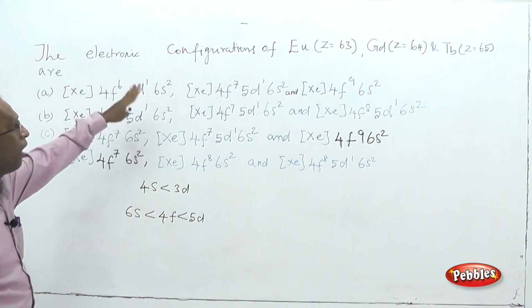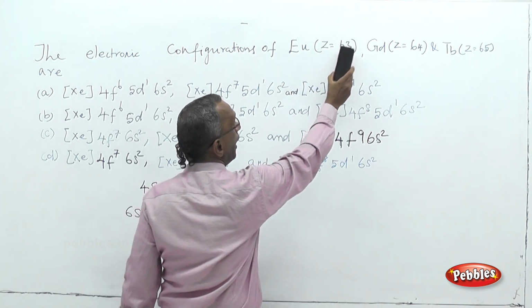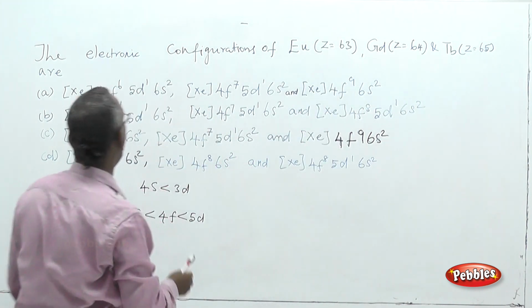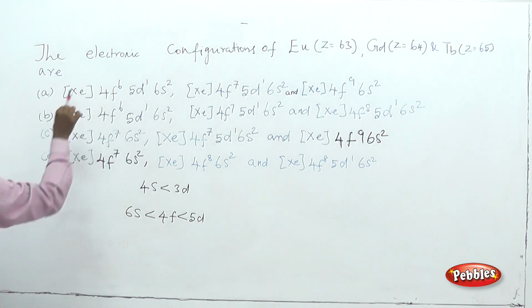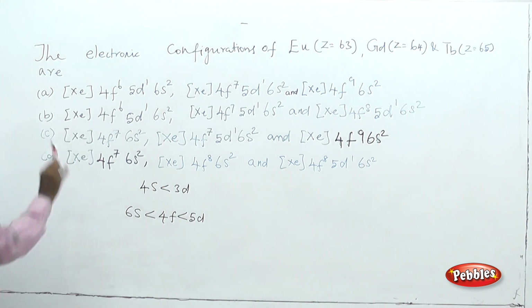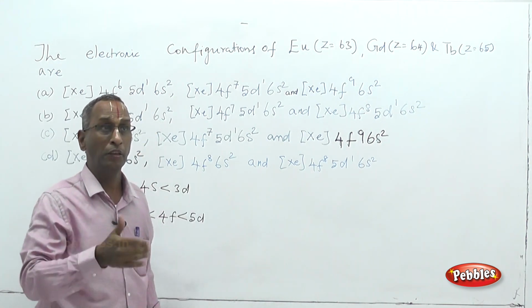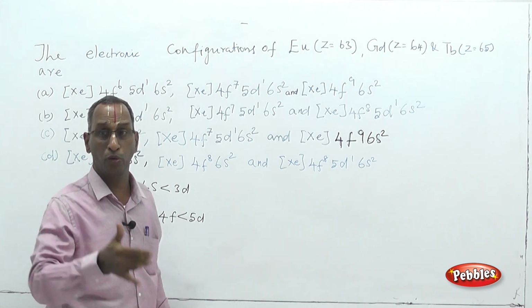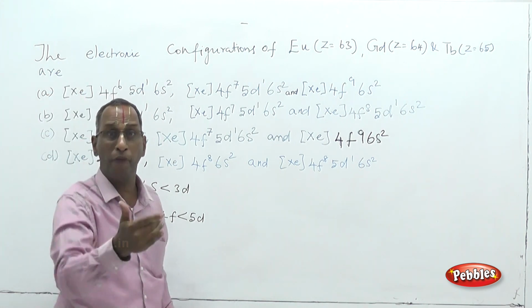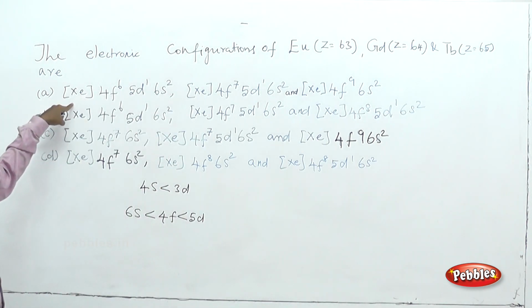All these elements have an atomic number higher than 54, which means that up to 54 the xenon configuration is repeated for any element. So the electronic configuration can be written in this form also, instead of writing every time 1s2, 2s2, 2p6, starting from the beginning. Instead, the nearest inert gas configuration is repeated. Xenon has atomic number 54.